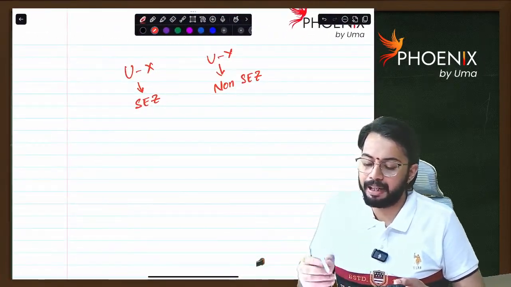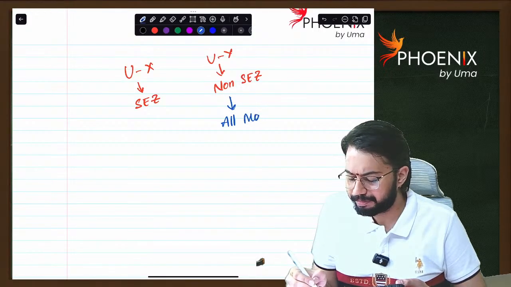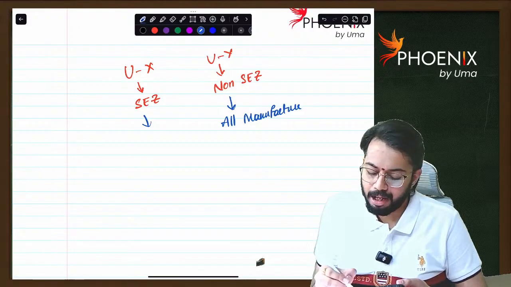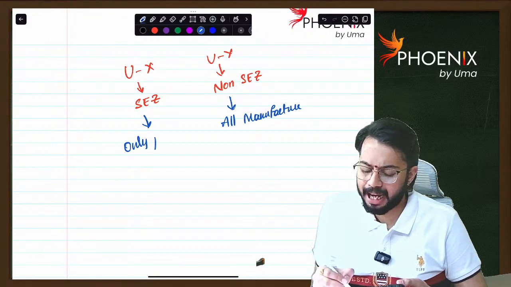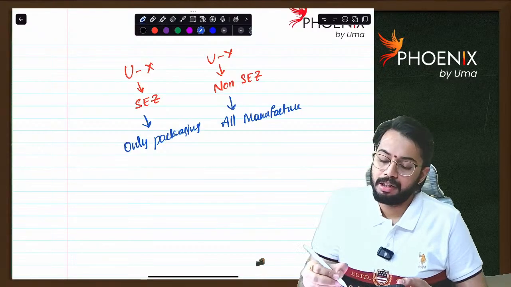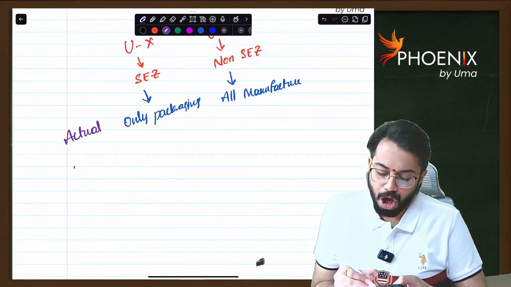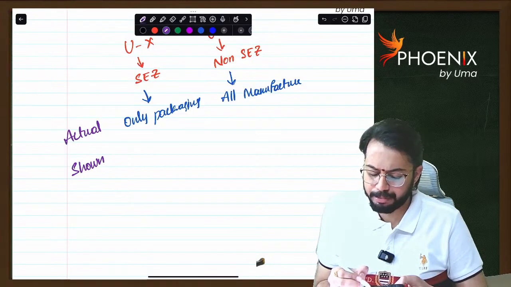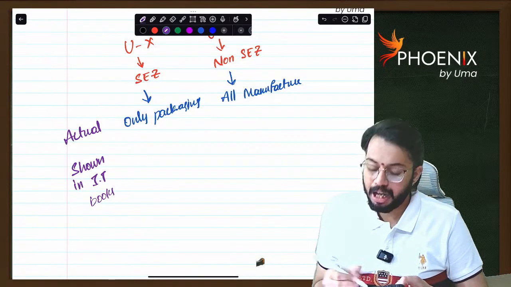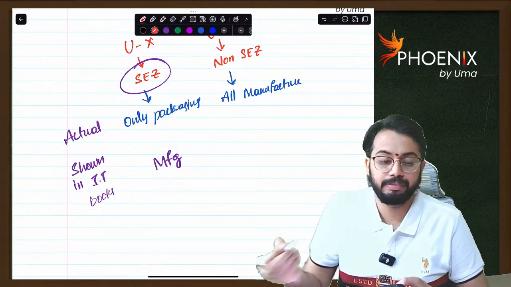Now what is happening? All manufacture happens here. Here only packaging happens. See, this is actual. But how is it shown in income tax books? It is shown in income tax books that entire manufacturing happens in the SEZ unit.